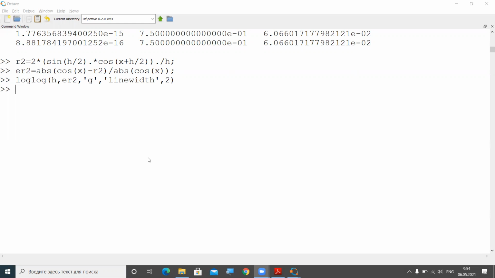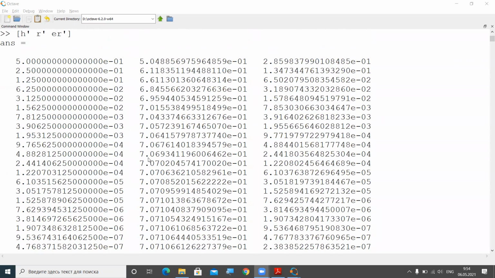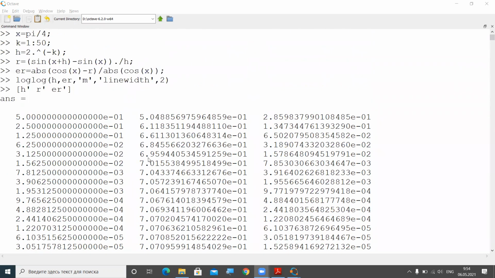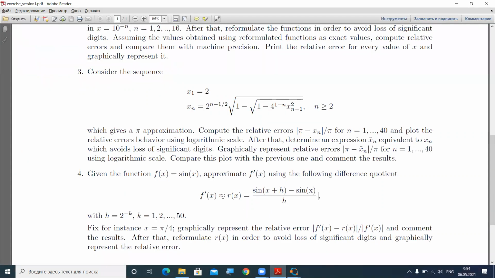I have one question, Professor. From the previous problem, you used cosine. How did you get cosine when the equation says that we have only sines? Yeah, cosine is just the exact value of the derivative of f of x. However, f of x is sine, and we need to compare with the derivative of f. The derivative of f of x is cosine x.